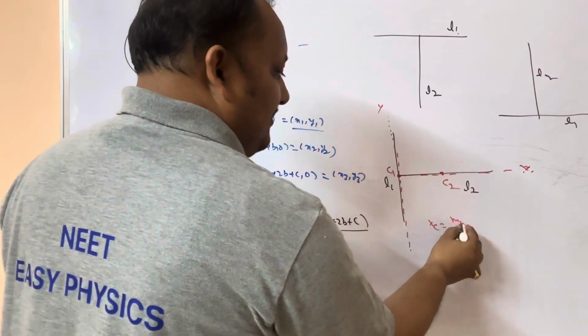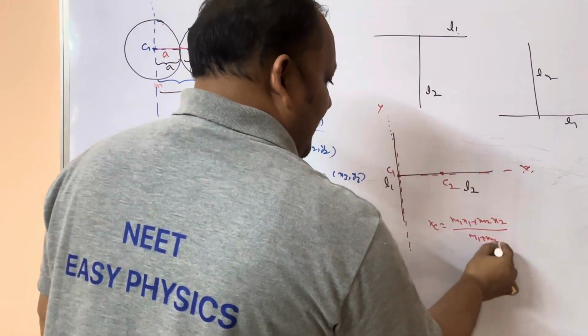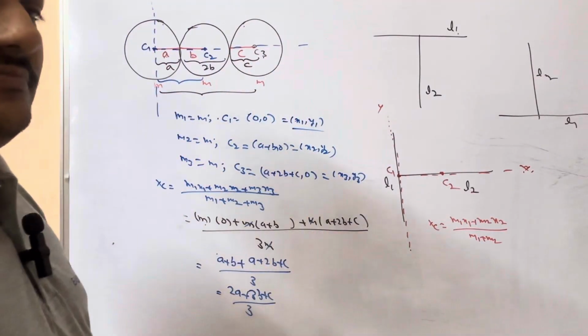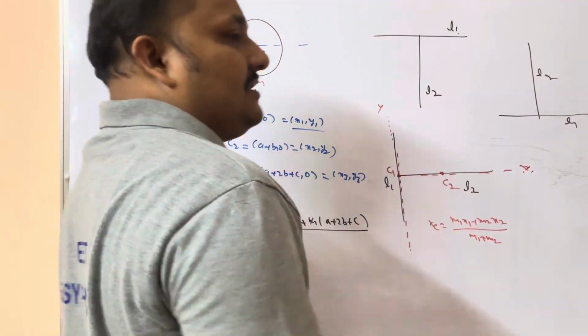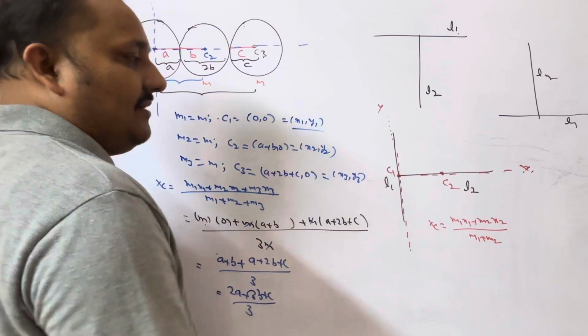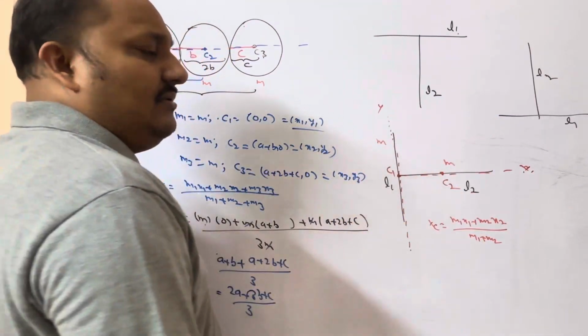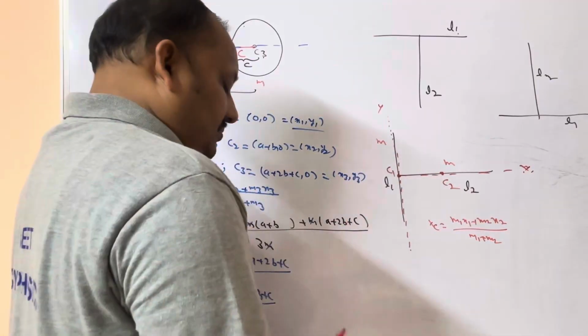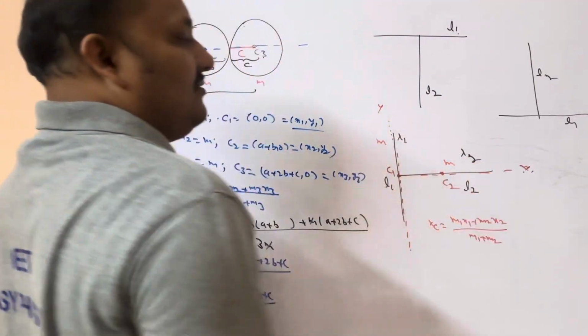So, x equals m1 x1 plus m2 x2 by m1 plus m2. Correct? So they may give masses, otherwise they will say which is made up of the same material or different material. If they give masses, m, they are going to give. If they give linear densities, lambda 1, lambda 2, they will give.